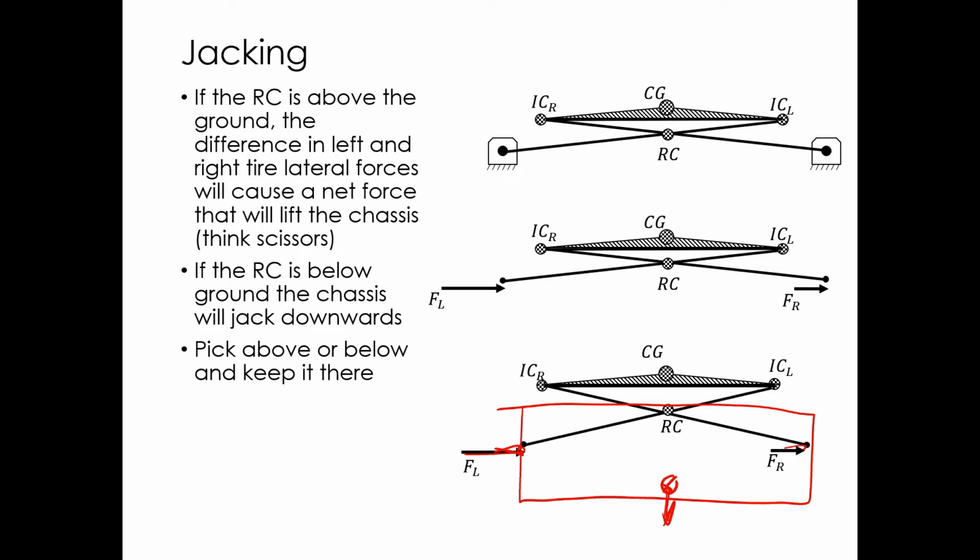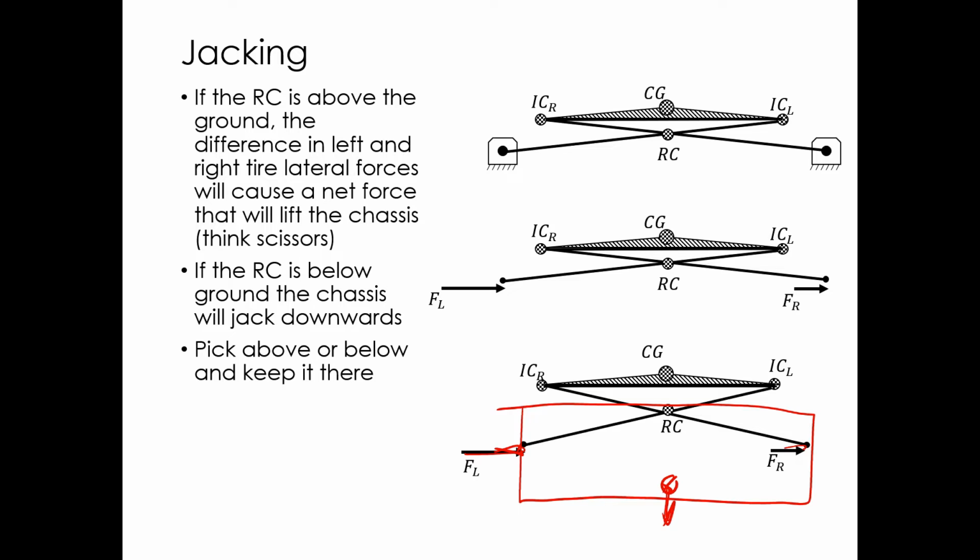Depending on what kind of car you're doing, like a Formula SAE car, maybe you want to be 2 or 3 inches above or below ground. For a street car, make that bigger, right? Maybe 6 to 10 inches above or below ground. More common above ground. I haven't studied a lot of below ground, but it's not going to cause any huge problems from a jacking perspective either way.